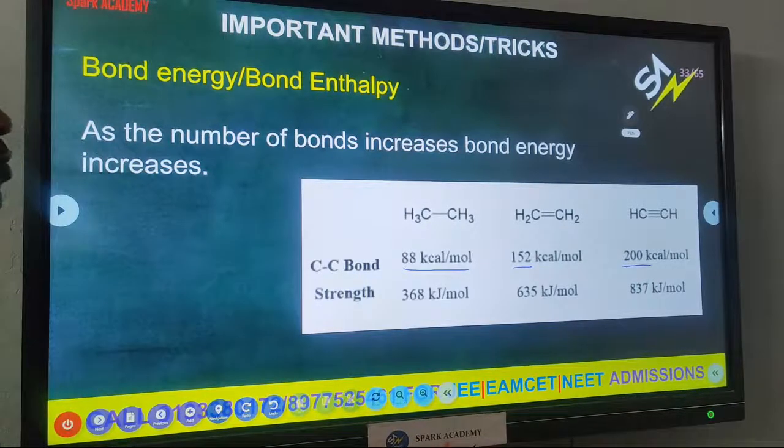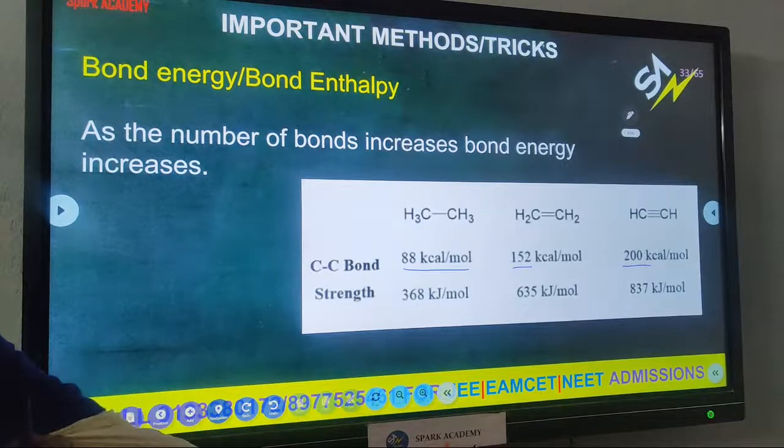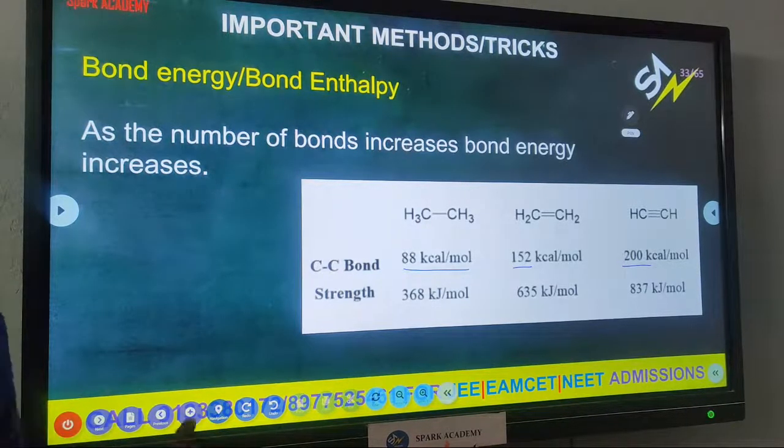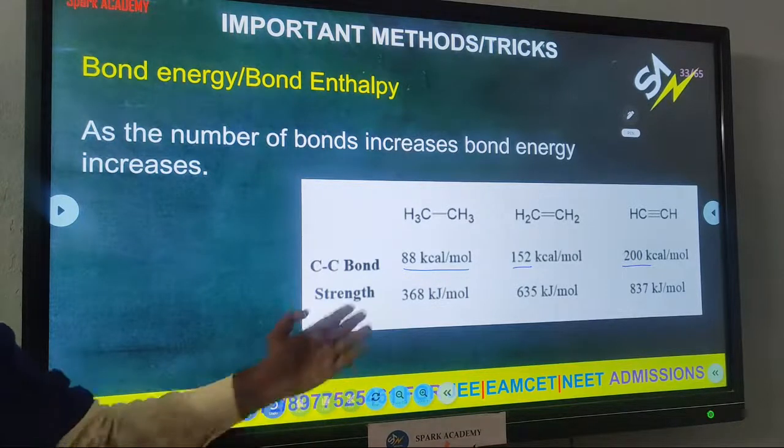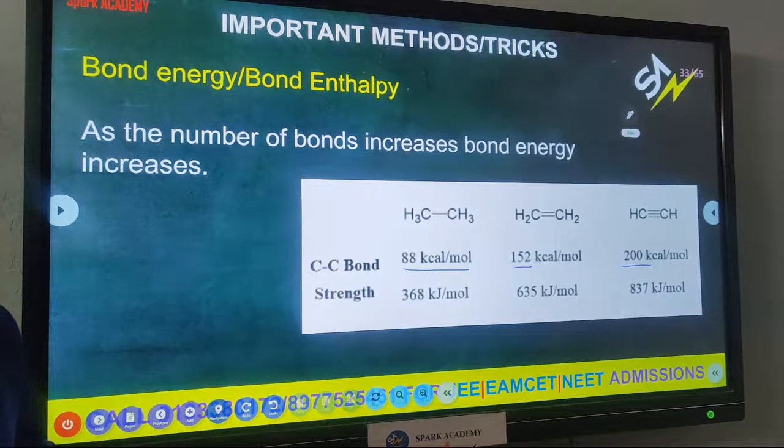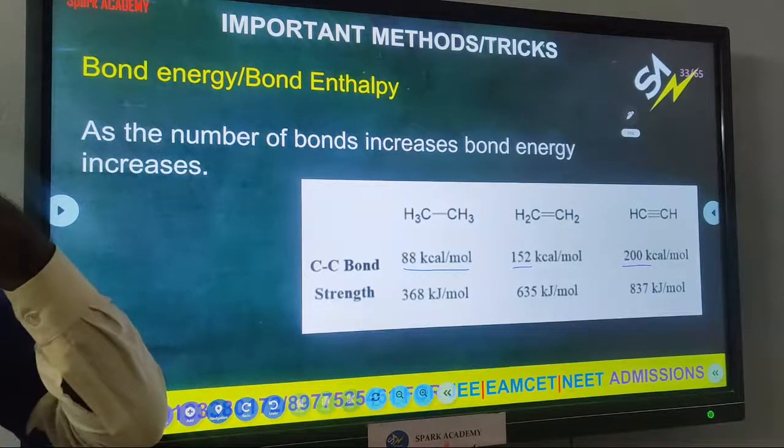What about the strength of the bond? As the number of bonds increases, as we just learned, what about the strength of the molecule? The strength of the molecule also increases. See, alkanes, alkenes, alkynes: the strength increases.